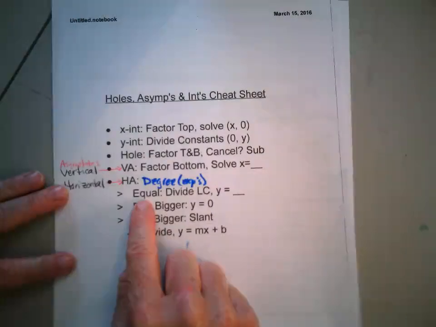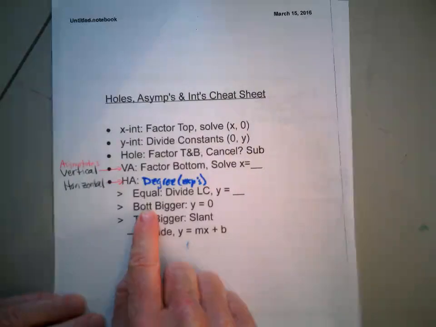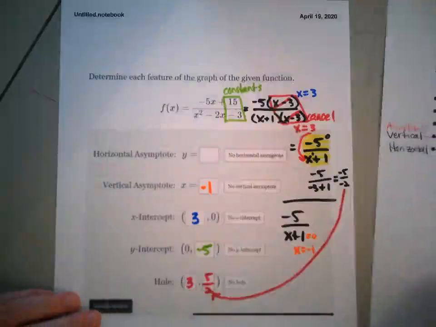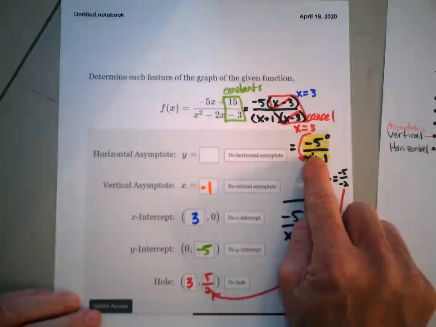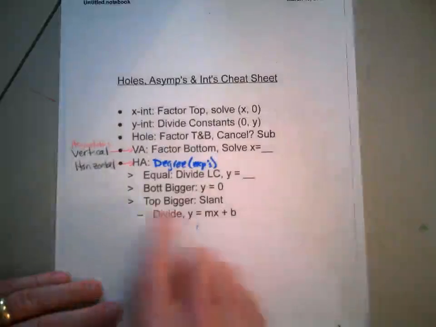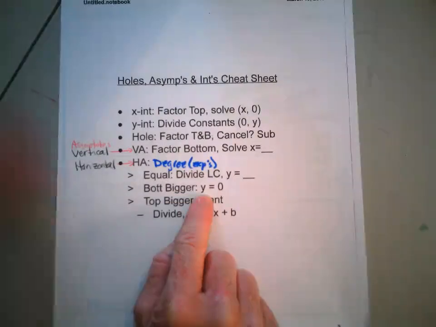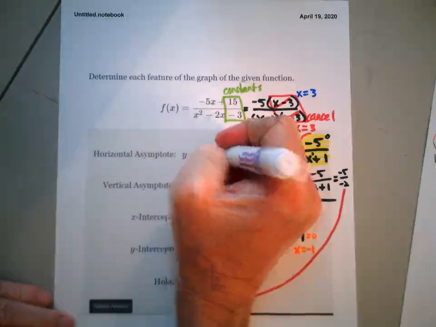Are the degrees equal to each other? Is the bottom bigger? Or is the top bigger? Well, let's see. The top is 0, the bottom is 1. So that's going to tell me that the bottom is bigger, and we have a y equals 0 asymptote. So our final answer for the horizontal is 0.